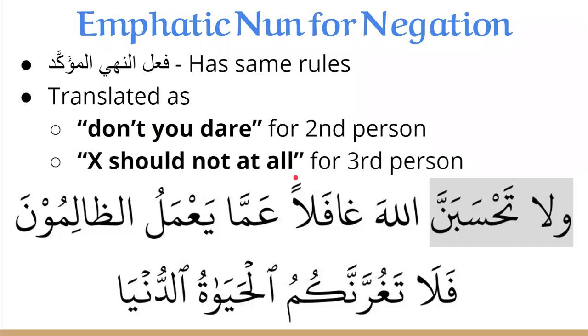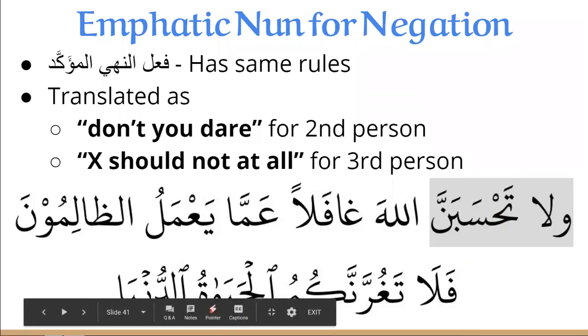If the mudari is in second person, then it means don't you dare. It's like negation with extremity. And we told you, if the third person is used for negation, it means they should not at all do that. Okay, let's look at the example.